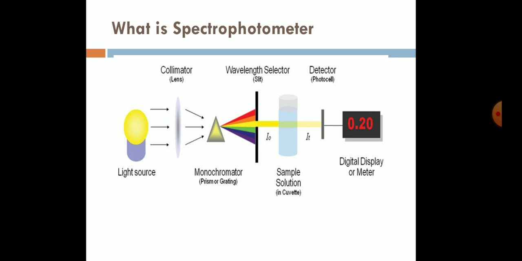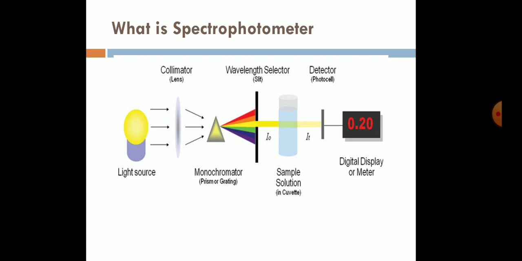Let us say we have chosen the visible portion of the spectrum. Then it means that the wavelength of the light coming out from this light source is from 400 to 780 nanometer. And this light is allowed to pass through the collimator, which is a lens that concentrates the light and allows it to travel in a parallel direction.